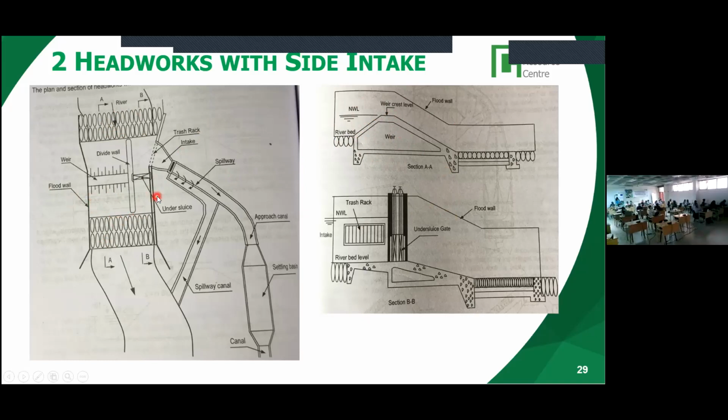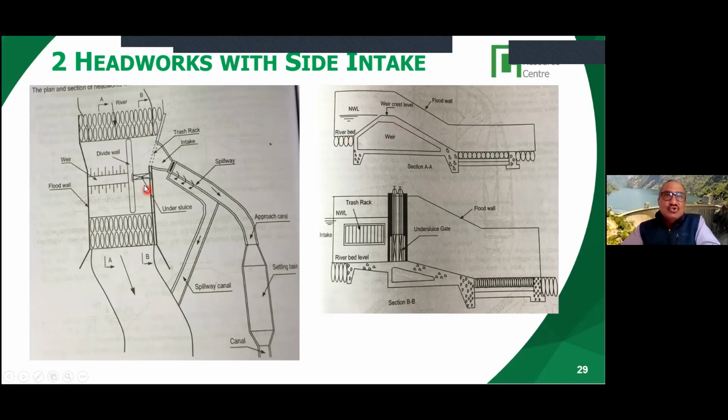In the weir, especially for slightly larger hydropower projects, the weir consists of two sections. One is what is known as the sluice here, and the other is the weir like this.